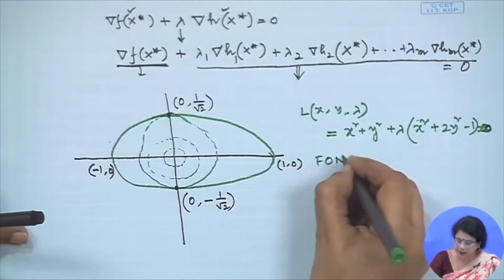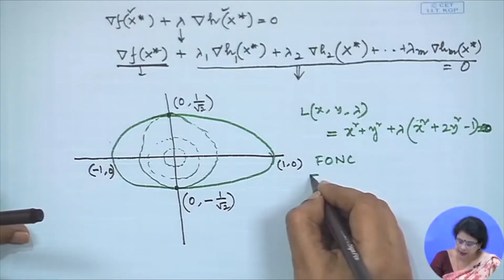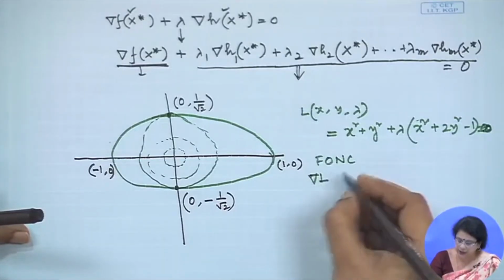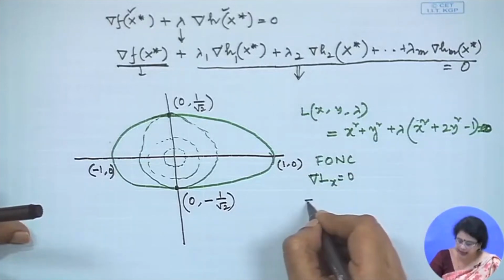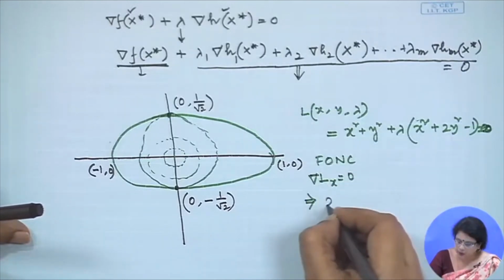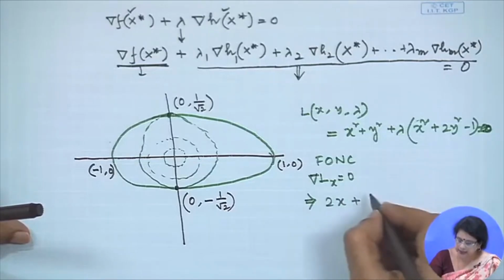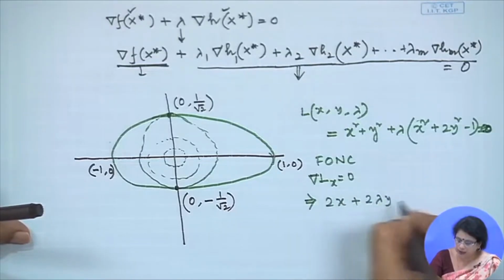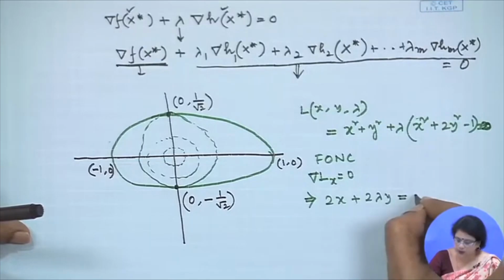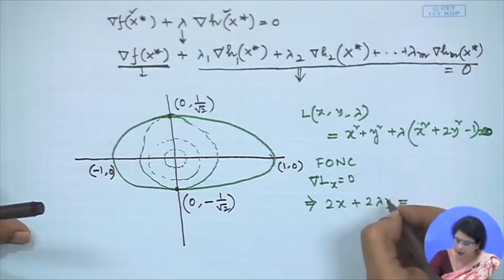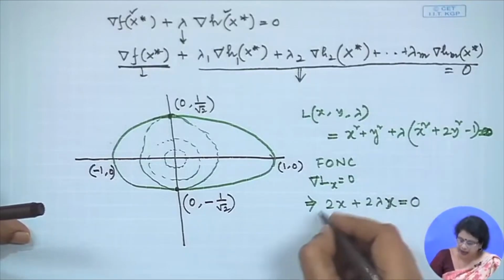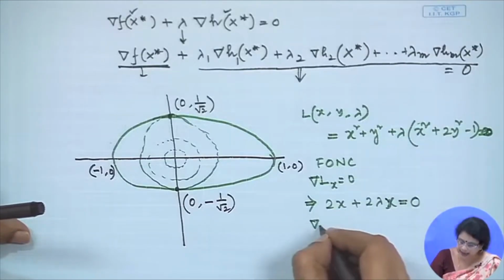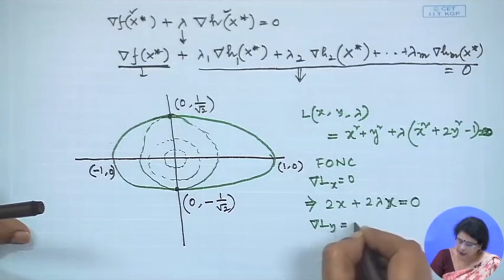The first order necessary condition is that the gradient of L with respect to x must be equal to 0, which implies 2x plus 2 lambda x must be equal to 0, and this is one first order necessary condition.